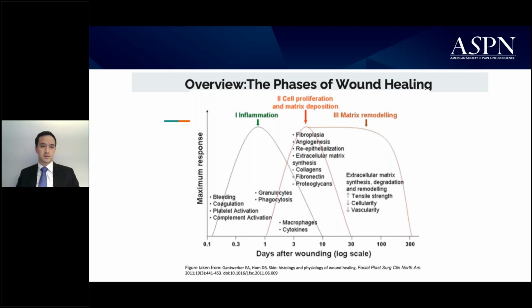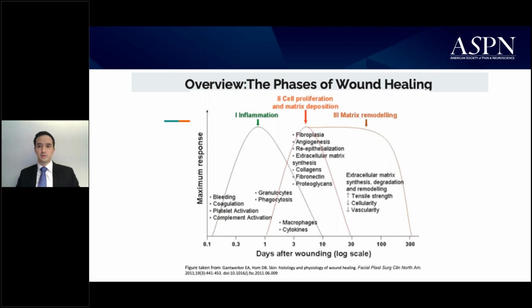What we can see in this graphic here are the 4 different phases. So in the bottom left of the graph, we have hemostasis, which involves coagulation, platelet activation, and I'll go over those things in a moment. We then have inflammation, followed by proliferation, and then followed by matrix remodeling.